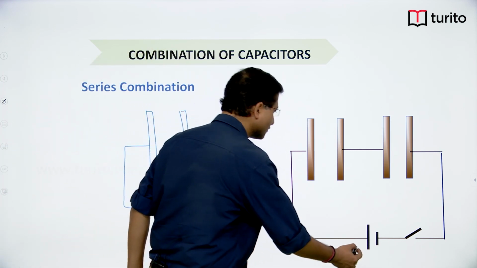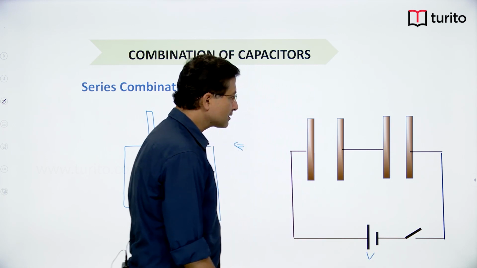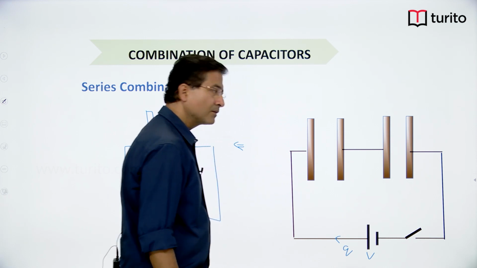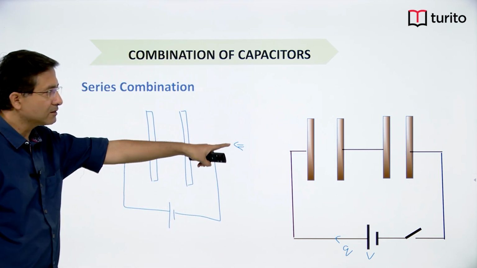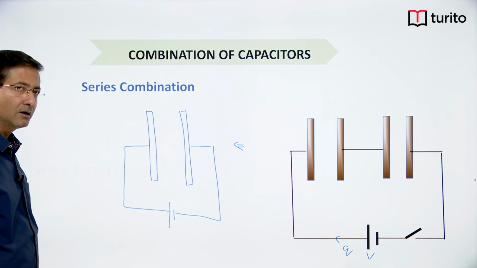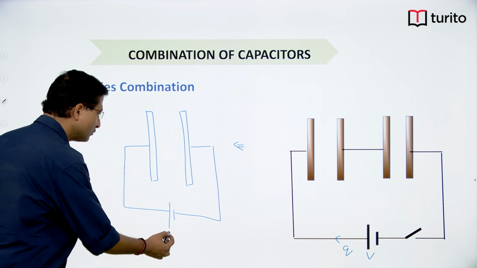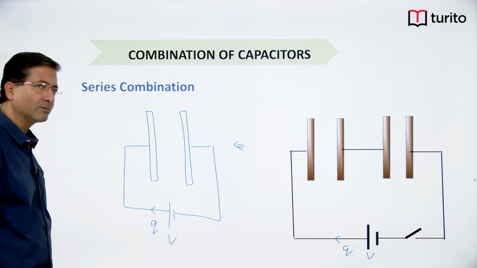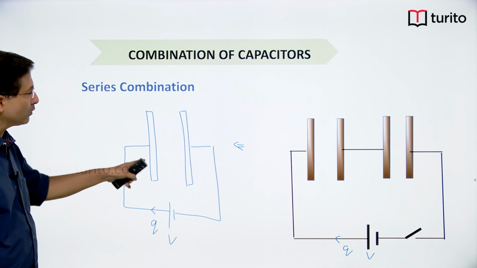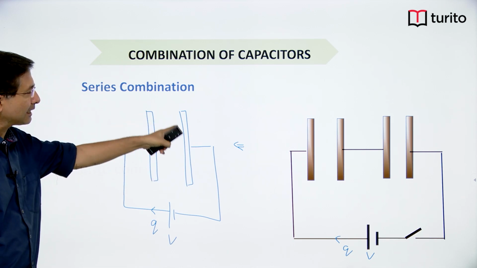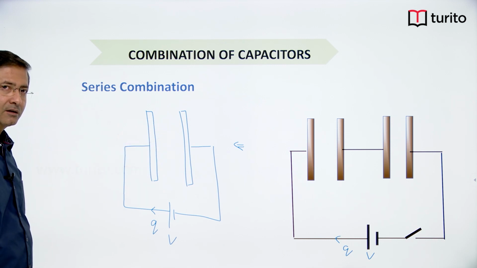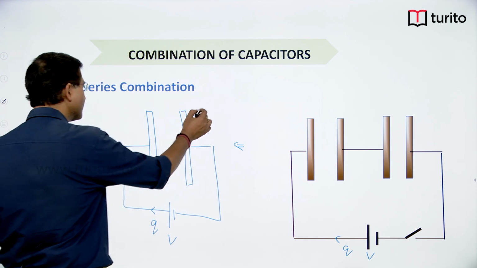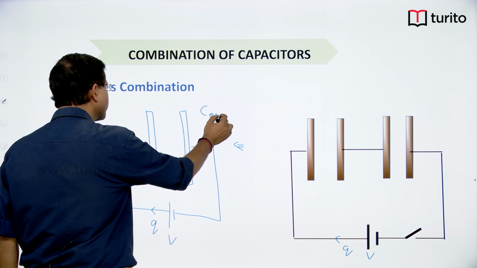If this is a V volt battery and V volt battery gives Q charge to this arrangement, then I want to replace these two capacitors by a single capacitor which, when connected with V volt battery, extracts Q charge from the battery. So what should be the capacitance of this single capacitor, that we need to find out, and that we call equivalent capacitance, C equivalent.